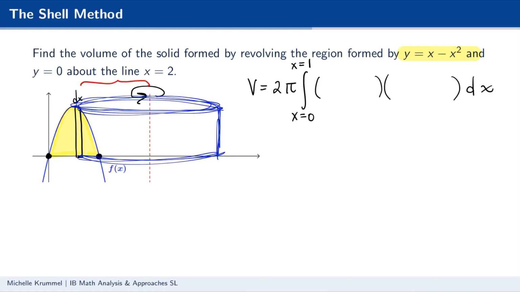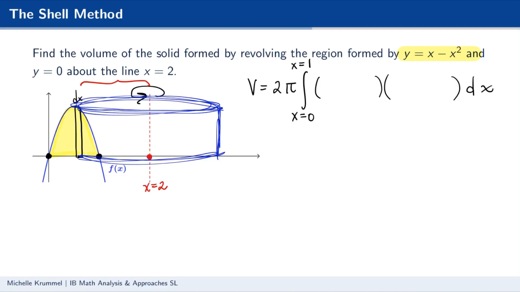So this is a little bit more complicated than the radius we had defined before. But think of it still as horizontal distance. When you're calculating horizontal distance, you take the right x value minus the left x value. So what is this x value right here? Well, this is x equals 2. We know that's our axis of rotation, and it's at x equals 2.